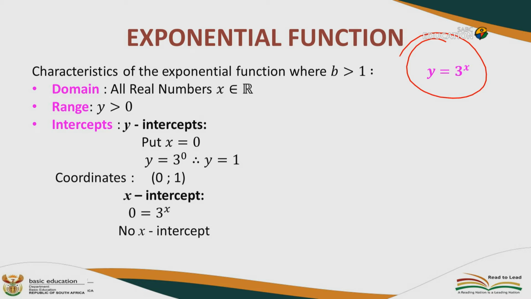The function of an exponential graph will take all the elements of the real numbers. It means our domain will be x, an element of real numbers. What's a domain? A domain is where the x values, the graph is defined.